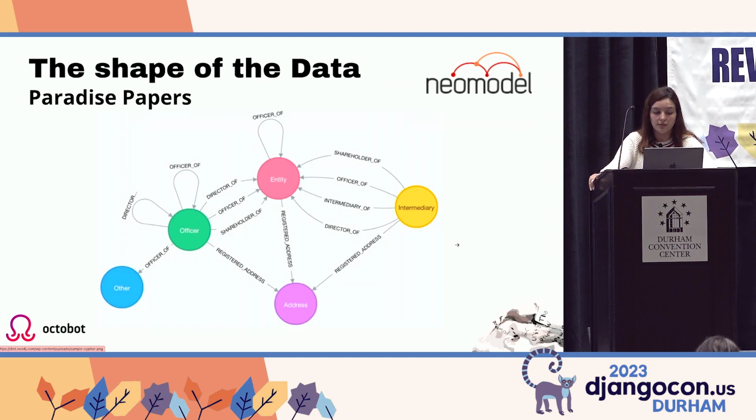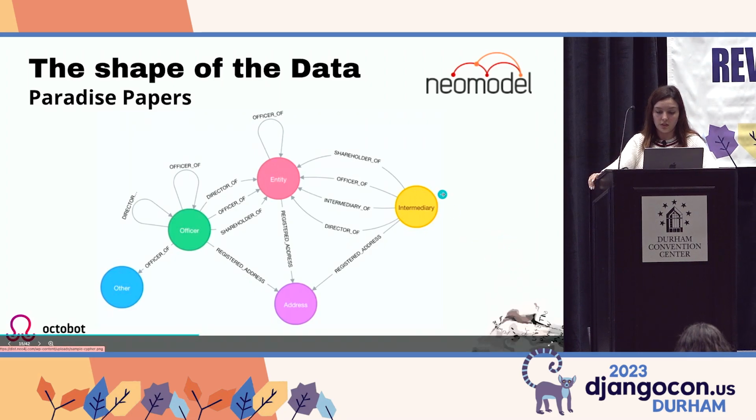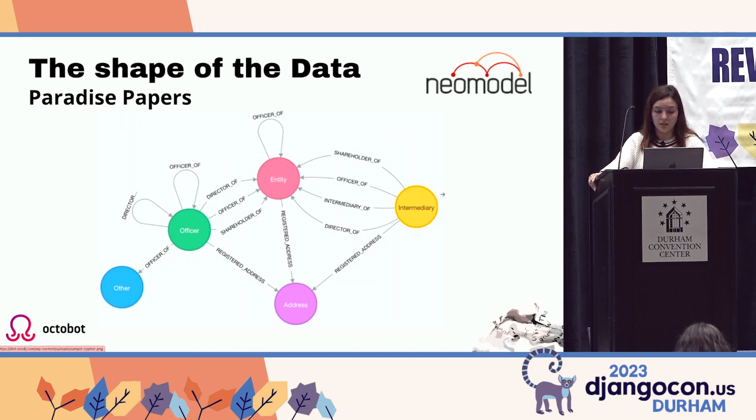And then we have the intermediary, that is a go-between for an offshore corporation and a person that wants one. And then we have address, that are all the addresses that were found in the ICIJ database. And others are other entities that play a role in this database.